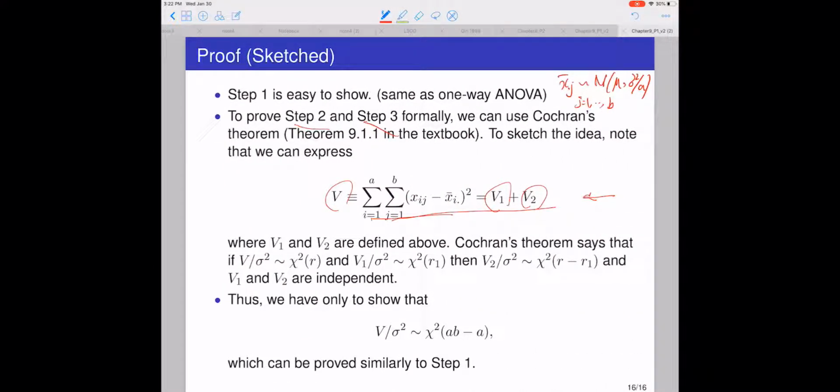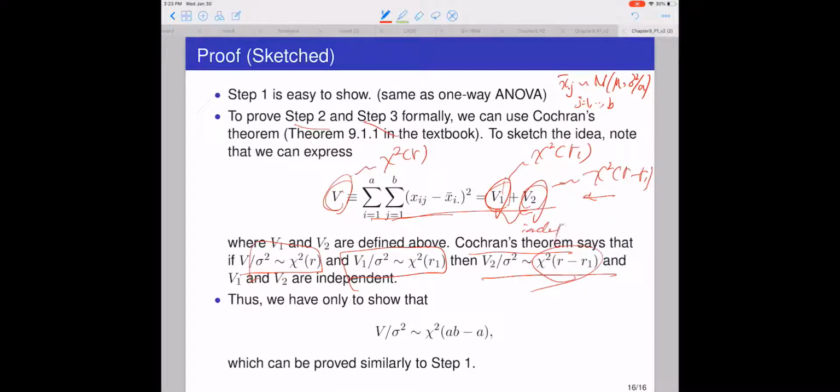The interesting part is that Cochran's theorem says that if this one is chi-square with r degrees of freedom and v1 is chi-square with r1, then v2 is also chi-square, with r minus r1 degrees of freedom, and these two terms are independent.